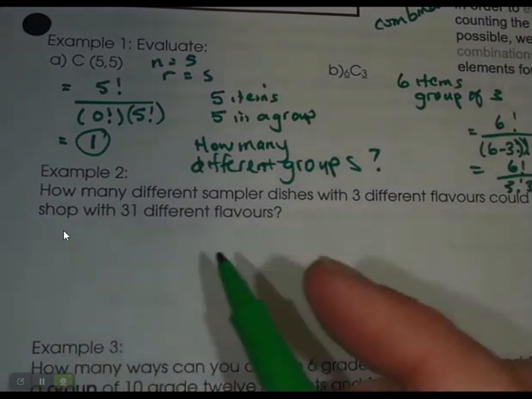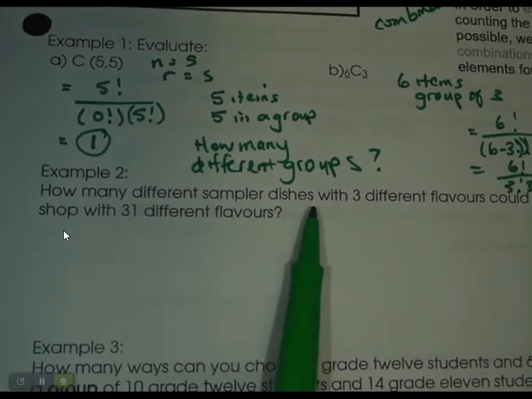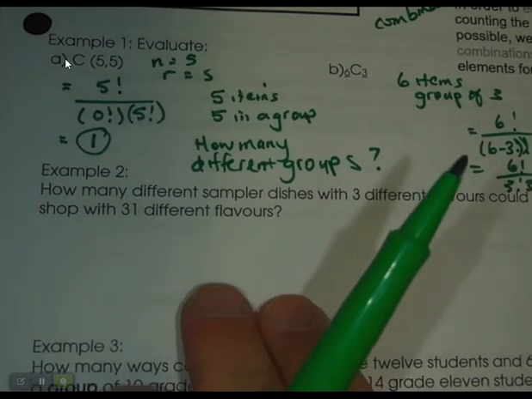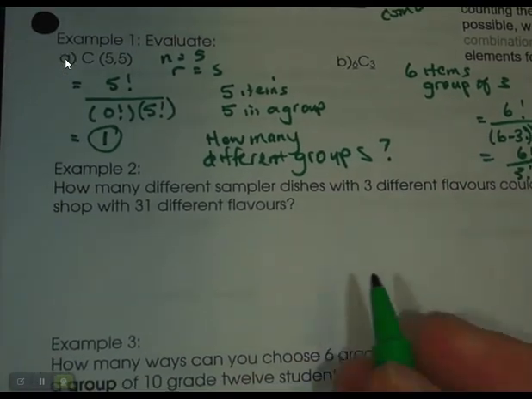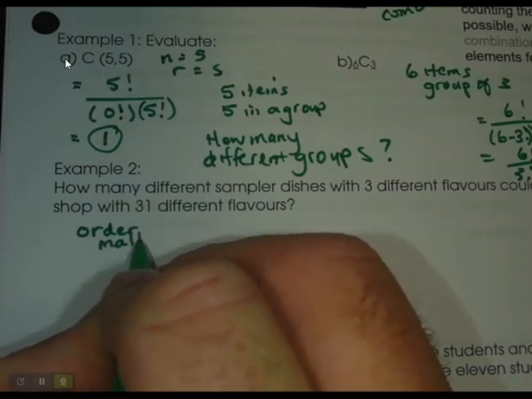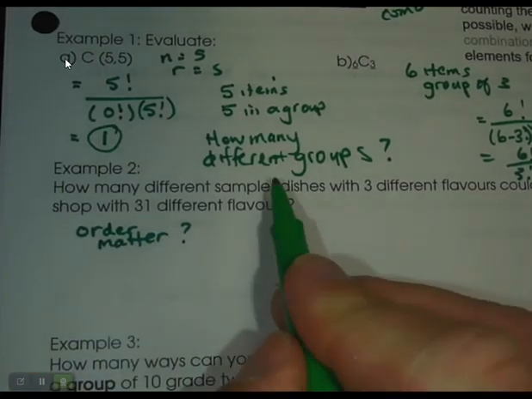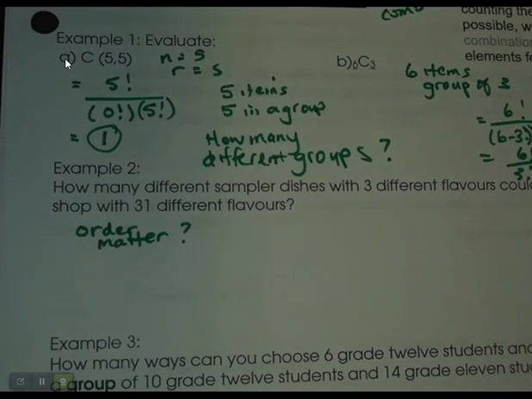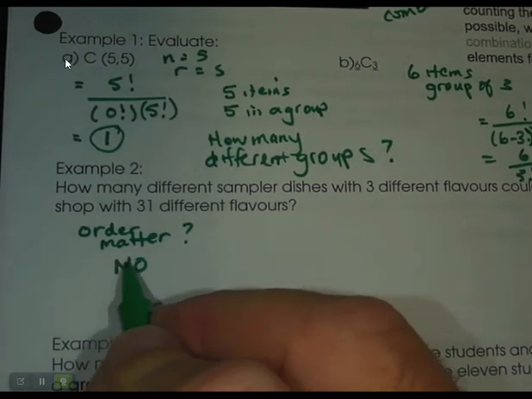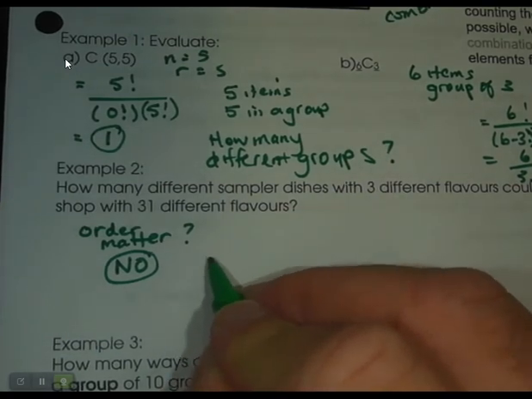How many different sampling dishes with 3 different flavors could you get in an ice cream shop from 31 different flavors? The first question you want to ask yourself is, does order matter? If I'm having the dishes, does it matter the order that they come in? No. So I'm using combination.